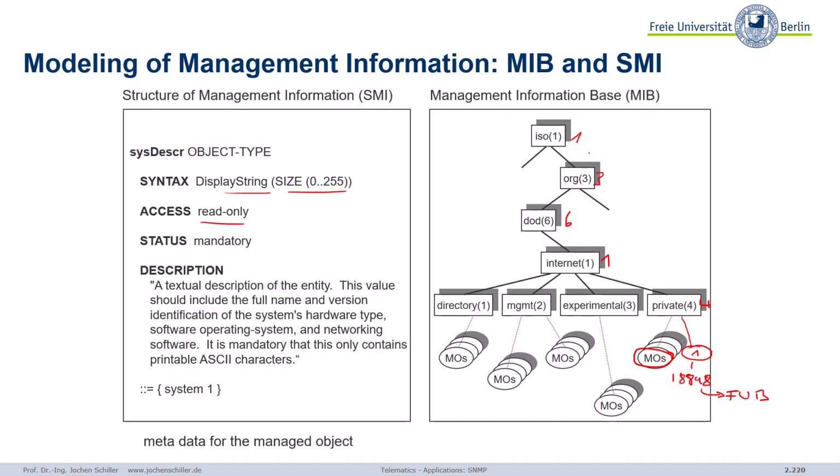Okay, so some parts of it are called here in this private subtree. And here we can do proprietary things on our own. This is a huge subtree, a huge thing. And then we have others like directory, management, experimental, etc. And there we need the approval of the IETF and the Internet Architecture Board.